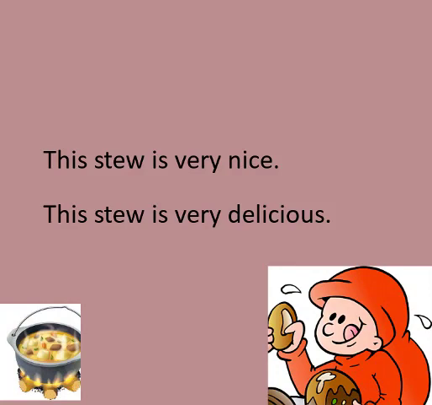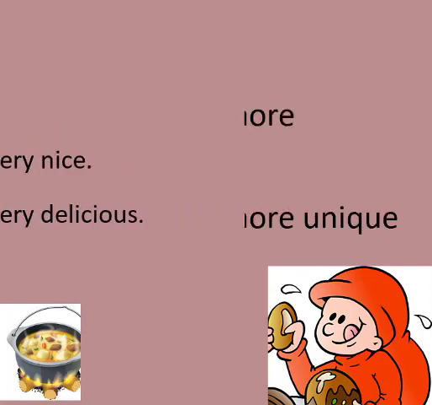Look at these 2 examples. Nice is gradable, and we can say very nice, but delicious is not gradable, and very delicious is wrong. Instead of very, you can say absolutely delicious or really delicious.